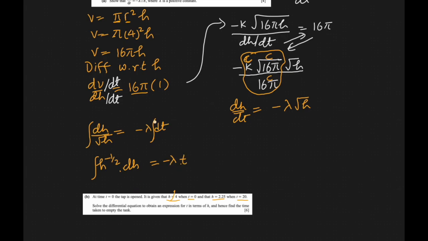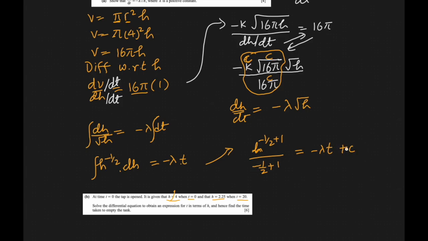Yeah, the integration of dt is t. Integration of h to the power minus half will be h to the power minus half plus 1 divided by minus half plus 1 equal to negative lambda t plus c.